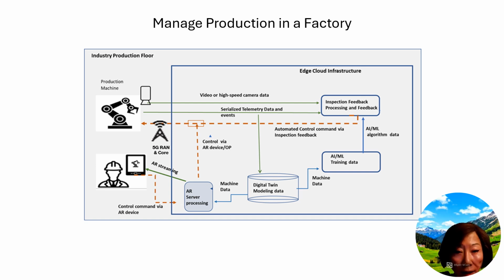Additionally, telemetry data can be used as input, with the digital twin model's output fed to an AR server, delivering low-latency AR streams to manual operators in the factory. Simultaneously, this output can serve as input for further AI/ML processing.